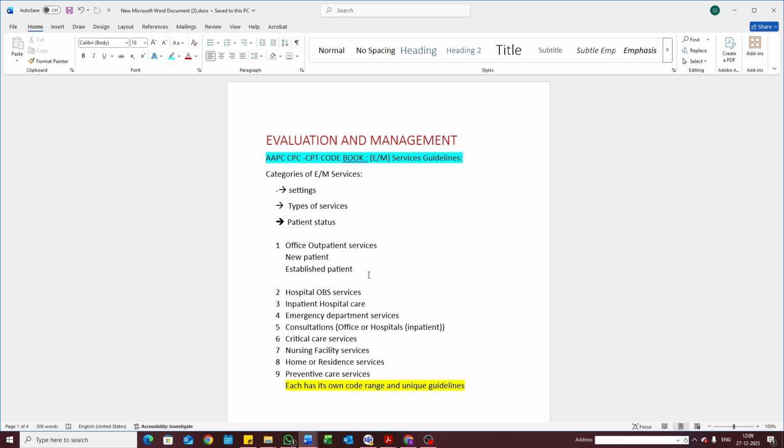Suppose a patient comes to a doctor's clinic or hospital with some problem, some complaint or some symptoms. First of all, a physician may ask, what is your chief complaint?